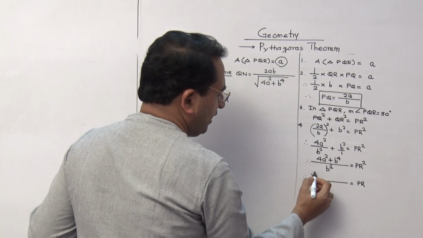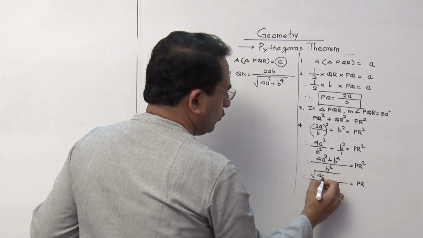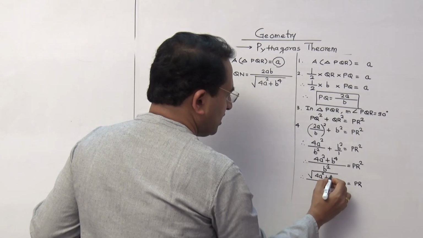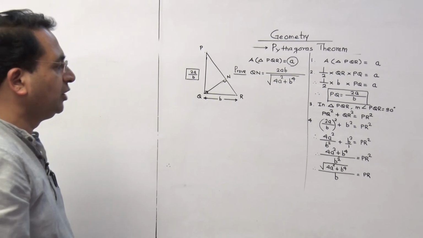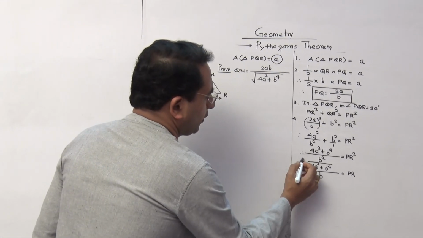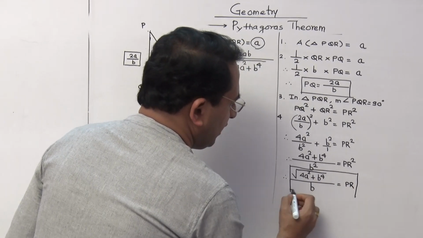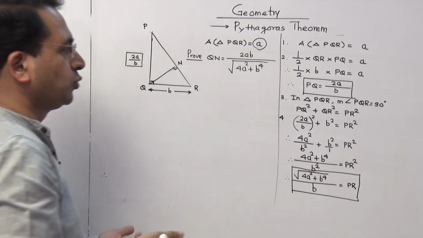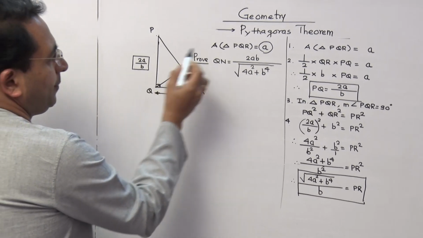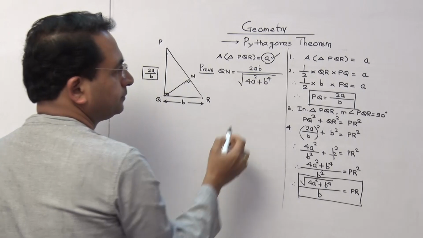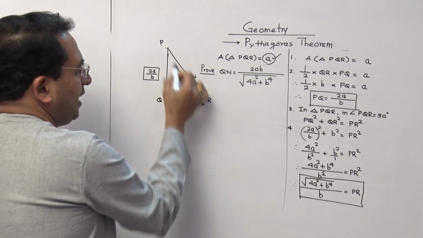So we have to write the square root of, what should be written? 4A square plus B raised to 4. See, this is the value of PR you are going to get. If the question is asked for 4 marks, definitely you are bound to get 2 marks for these two calculations. One is finding out PQ depending on the value of A. Then by using Pythagoras theorem, we can find out PR.